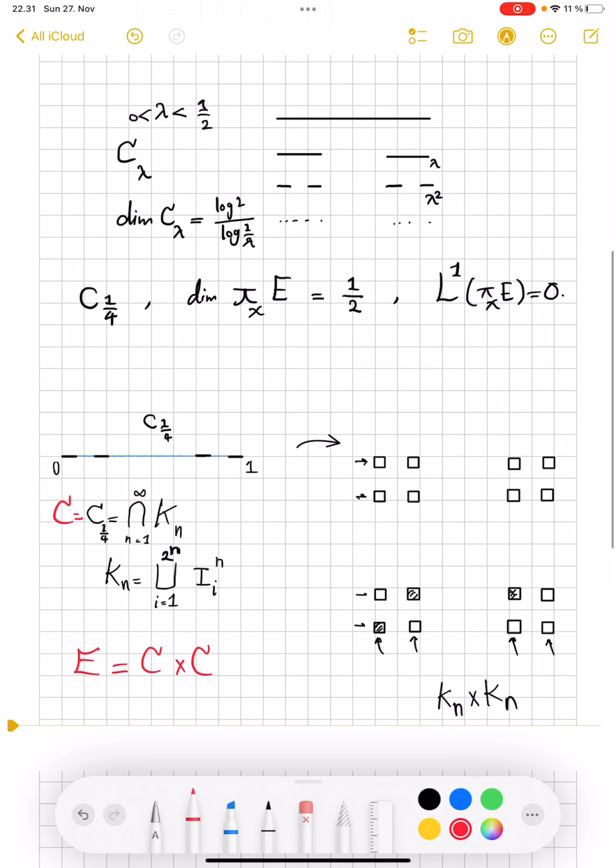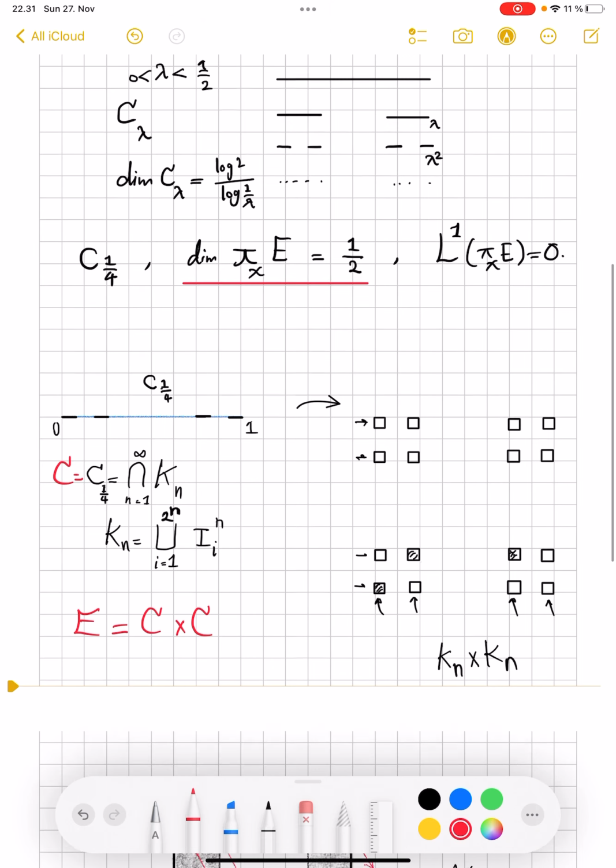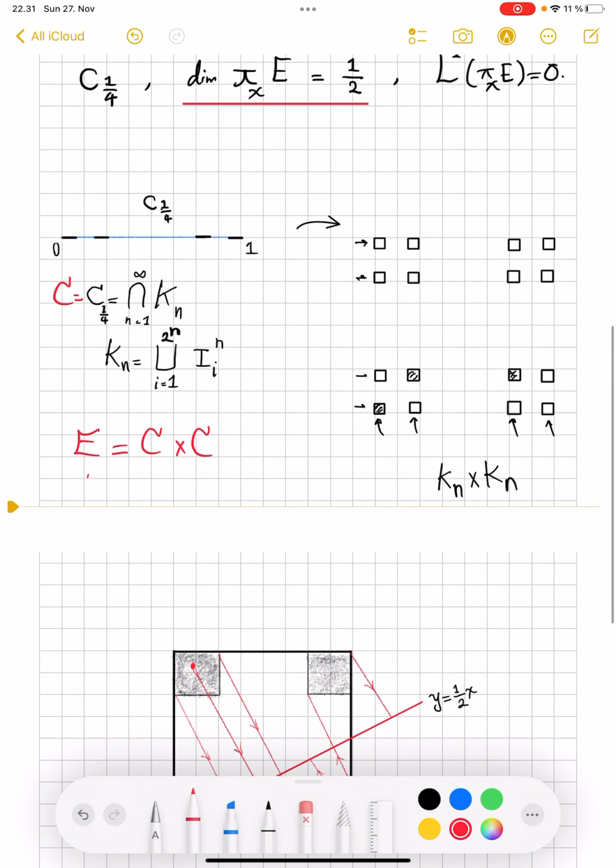And we know a lot of things about this. We know its Hausdorff dimension, and that it also has 0 Lebesgue measure. By Fubini, you can see that the Lebesgue measure L2 of the set E is 0, because every projection has 0.